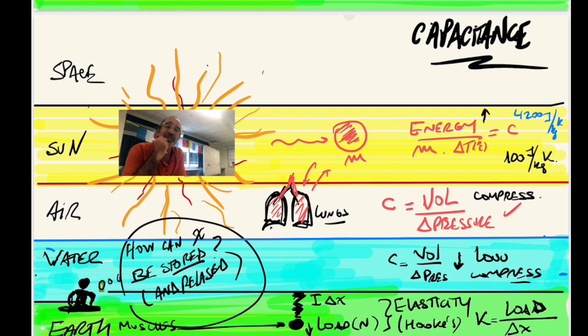So the capacitance is giving us an idea of how well the energy gets stored. And this is why the water in the air is so important, because it is a greenhouse gas. The humidity in the air absorbs the heat during the day and releases it slowly during the night. So water in the air, clouds, are very good for balancing the weather and giving us low thermal amplitude, right?